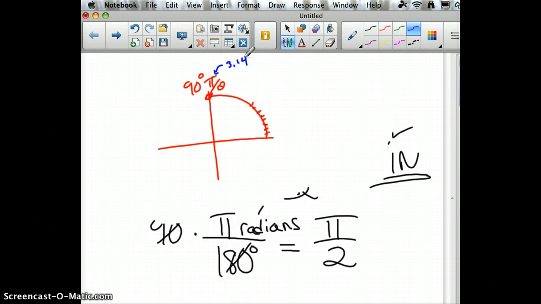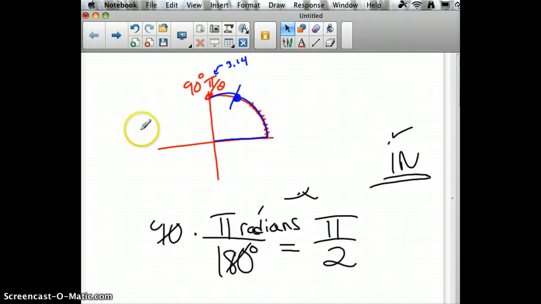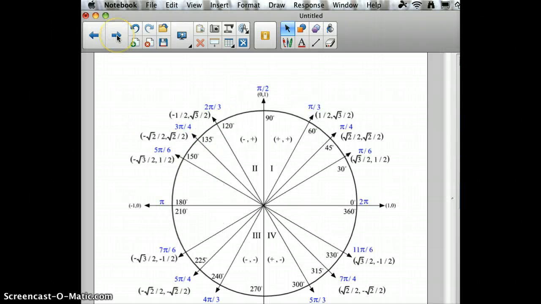I'm going to just estimate that and say it's about 3 over 2 radians, which is 1.5. Interesting, because look, when I take that radius length, it looks like it takes about 1.5 of them to complete that intercepted arc.